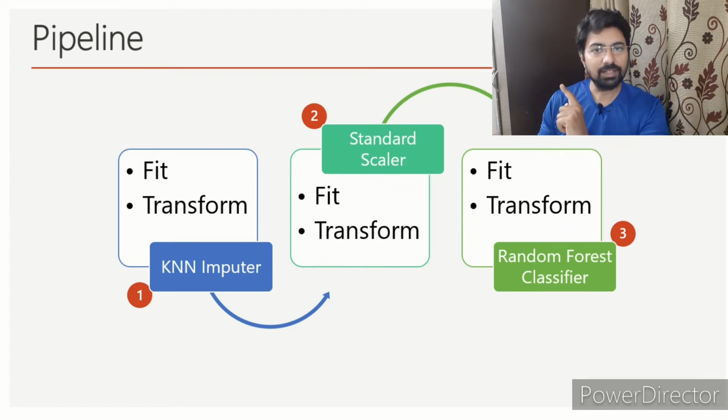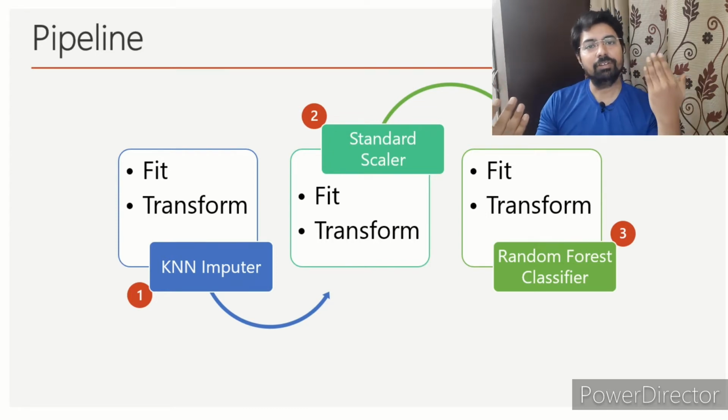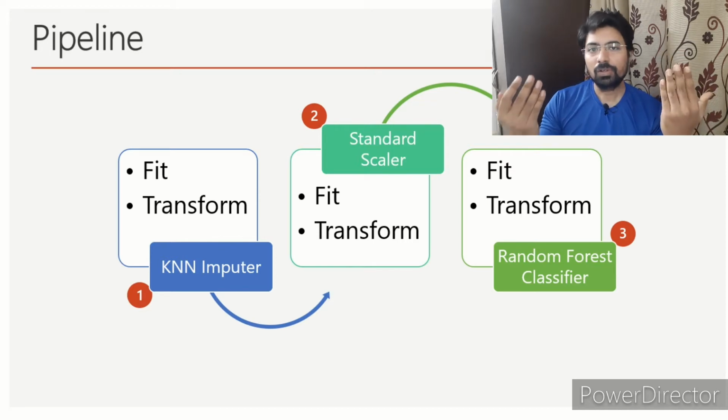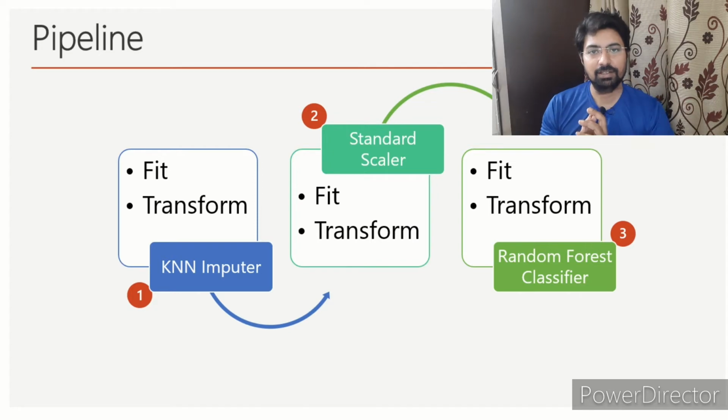And the last thing is that when you are defining a pipeline, you have two kinds of data set. One is your train data, another is your test data. Whatever application you are applying on your data set, if you apply it individually without using the pipeline, you need to apply it on both data sets.